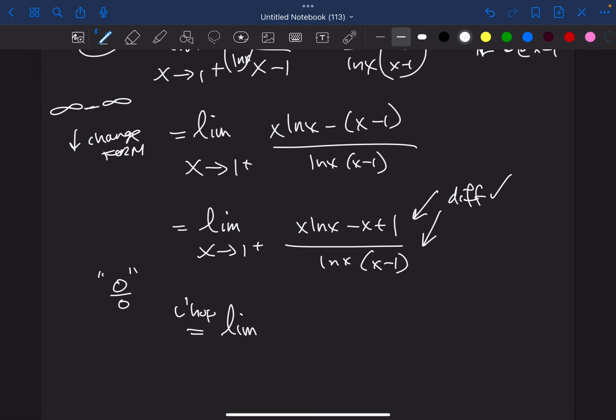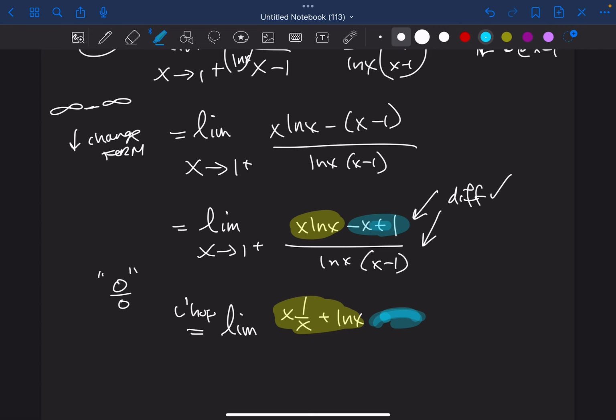So L'Hopital's rule applies, and the derivative of negative x plus 1 ends up just becoming negative 1.